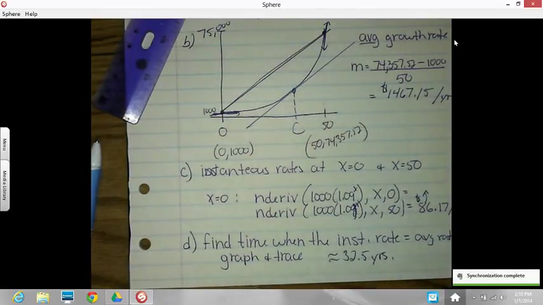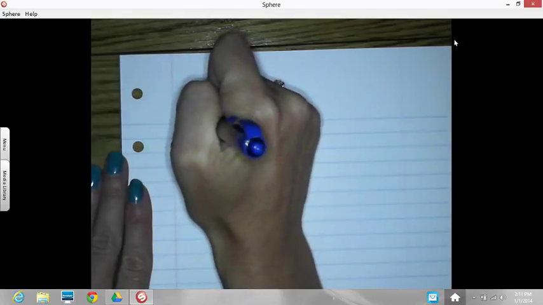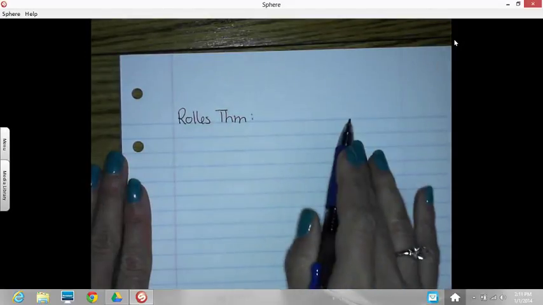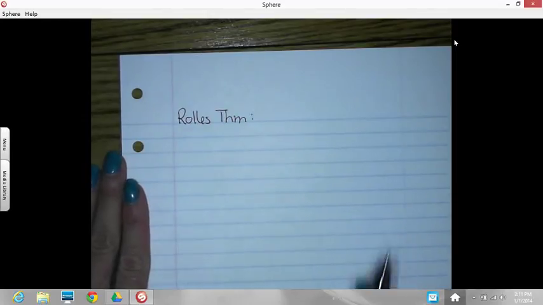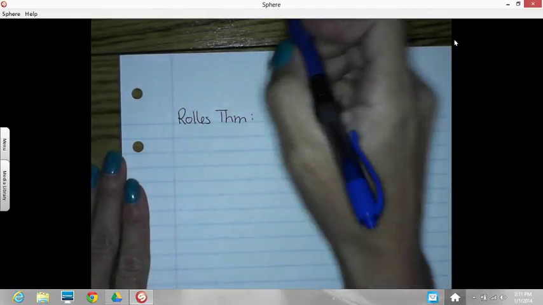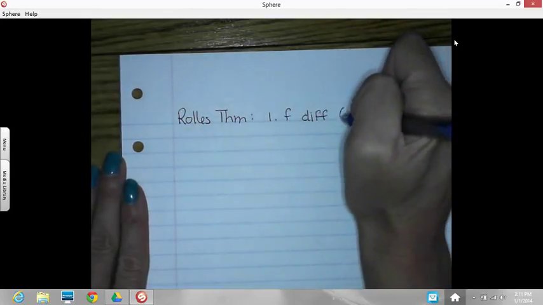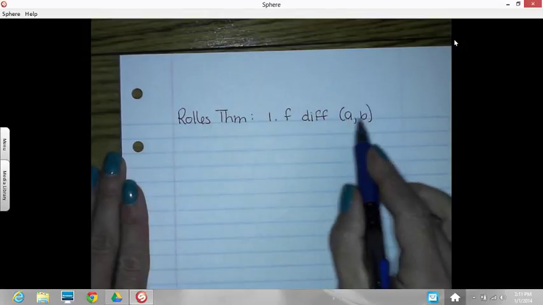Okay, our last example is going to go back to Rolle's theorem from yesterday. And I want to do a quick review of Rolle's theorem, the three sufficient conditions. Remember, between two zeros, there should be a derivative of 0. The three conditions were: f differentiable on the open interval from a to b. So it didn't have to be differentiable at a and b, just in between them.